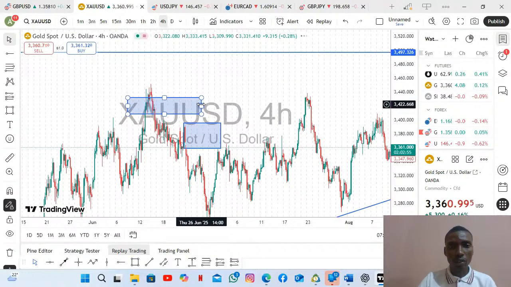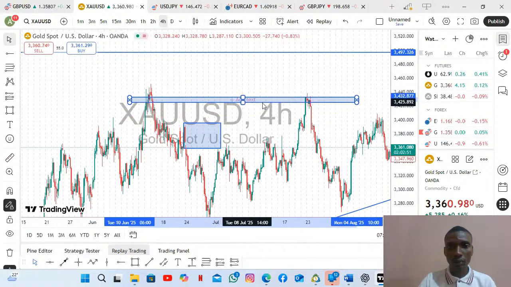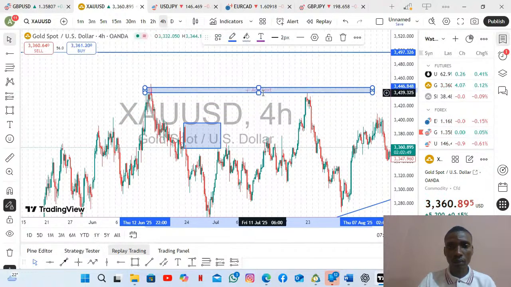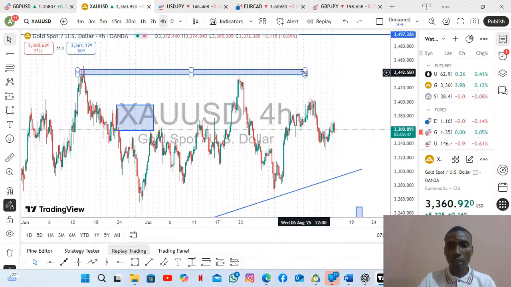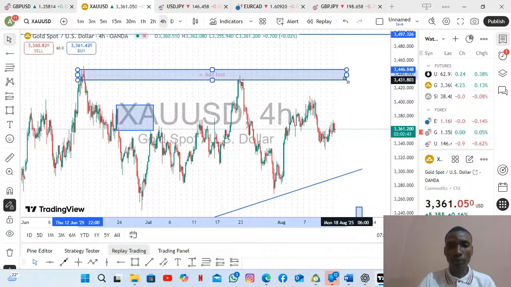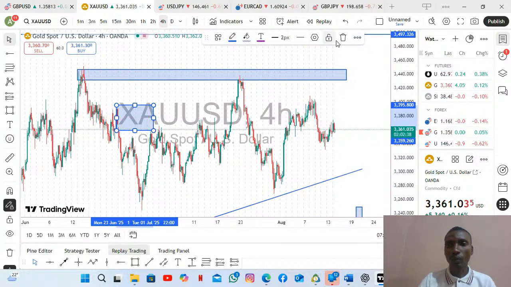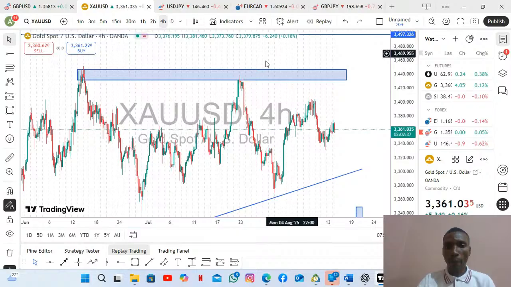We can see this resistance level here. That's what I can see presently.